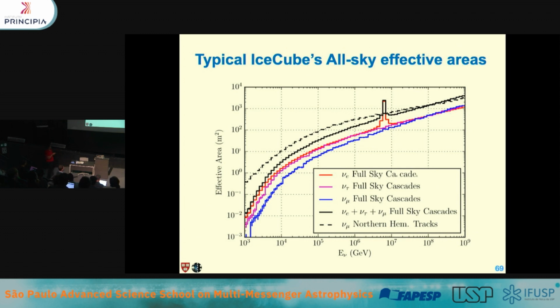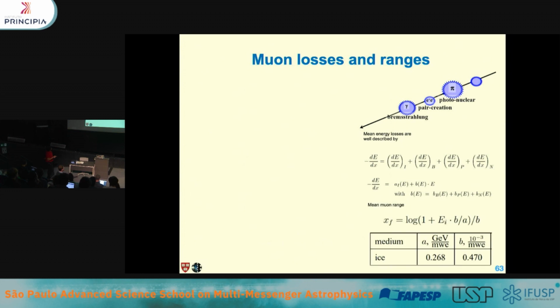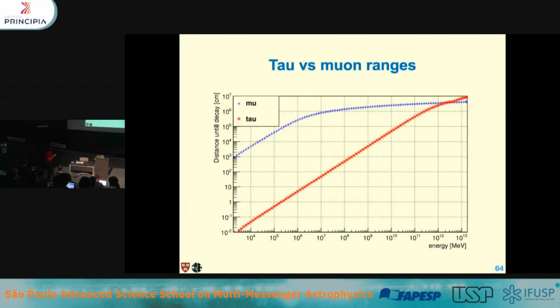Most of these taus will decay inside because of the tau decay length. Typically, let's say 10 to the 7, so a TeV is here, this is 10 TeV. So a kilometer is here, right? So all the way until 10 PeV, the taus will decay inside my detector.